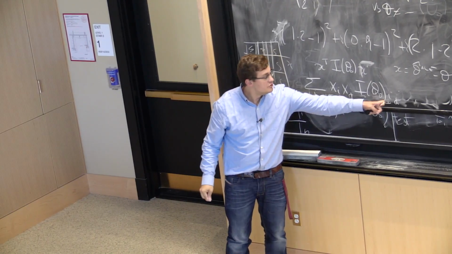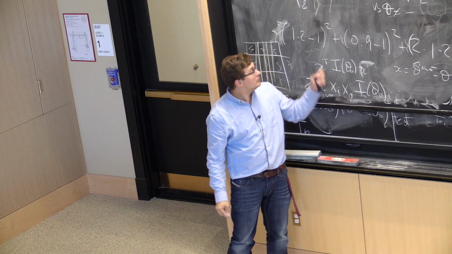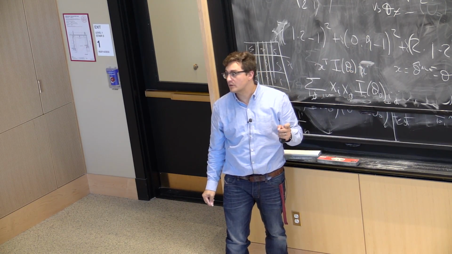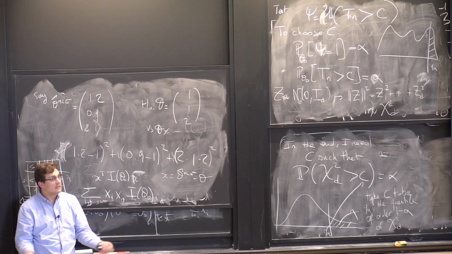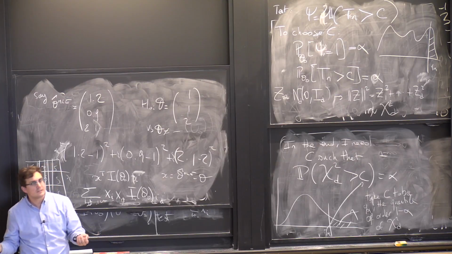And so if none of those things are 0, you're not going to see a sum of 3 terms that are squares, but you're going to see a sum of 9 cross products. And it's just weird. This is not something standard.